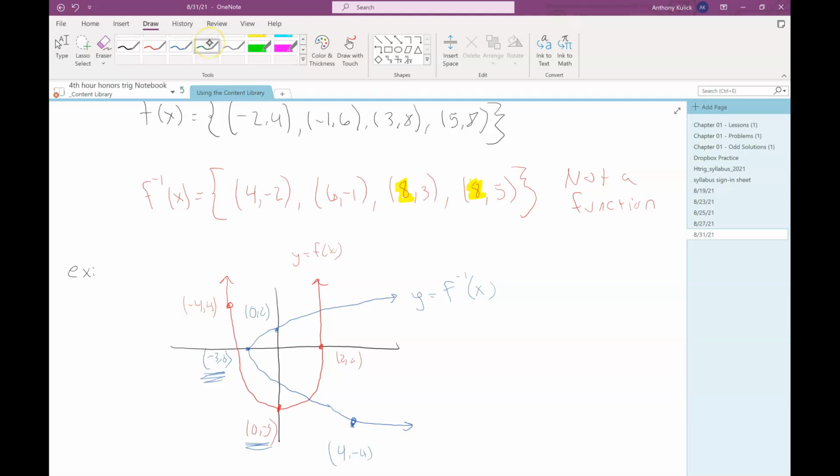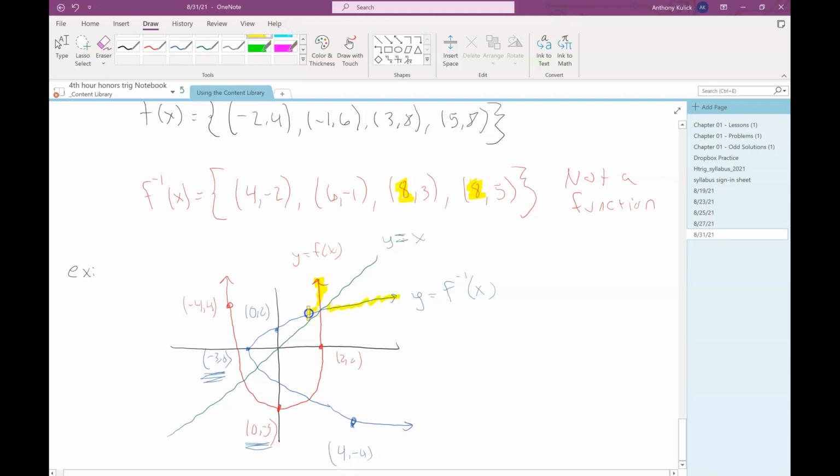The other way of thinking about this is if you think about the line y equals x. f inverse is just a reflection of f of x across this line. So like this part of f makes that part of f inverse when we reflect it.